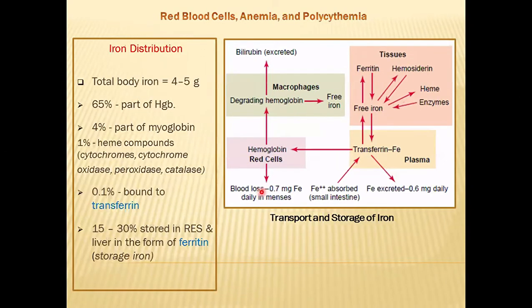So the lifespan of the RBC is about 120 days, diba? So after 120 days, what happens to the RBC? So it is being broken down. It goes into the spleen. We remember from undergrad, the spleen is the slaughterhouse of the RBC.